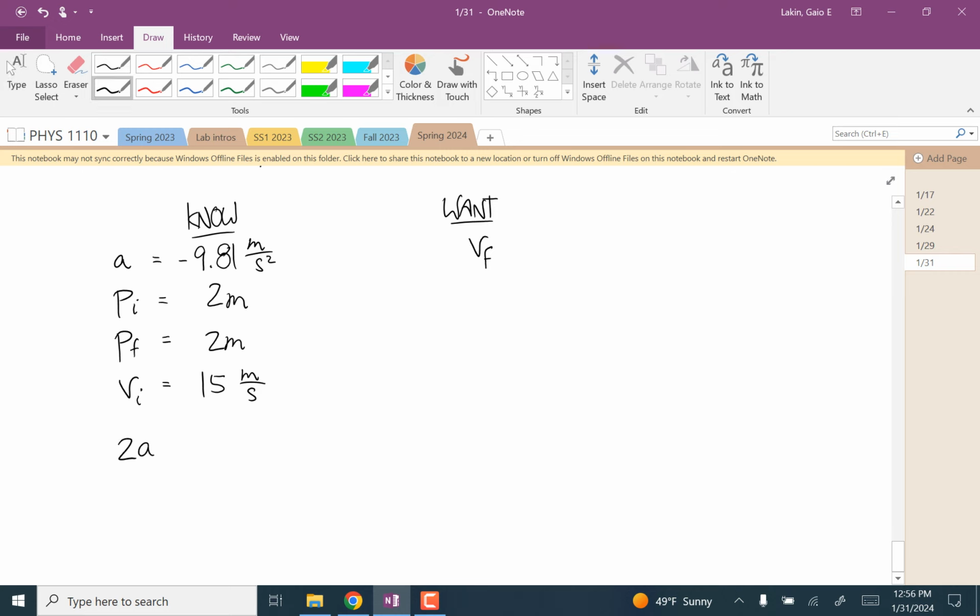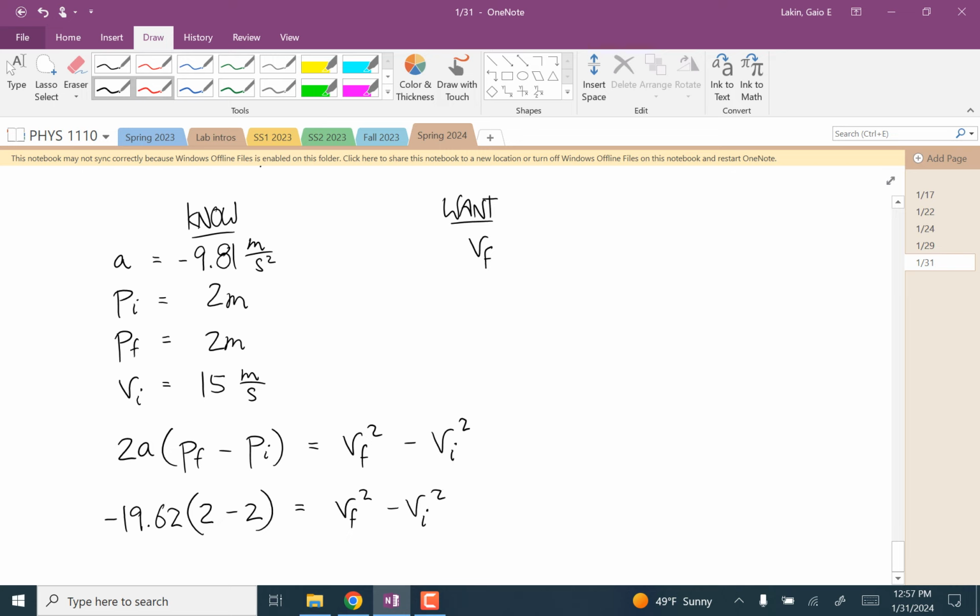So we'll check this equation. I think this should be the one that works. 2a times the quantity pf minus pi is equal to vf squared minus vi squared. So we have negative 19.62 times the quantity, 2 minus 2, is equal to vf squared minus vi squared.